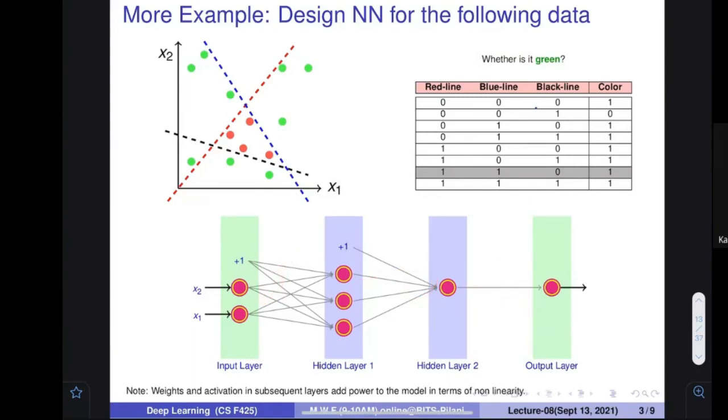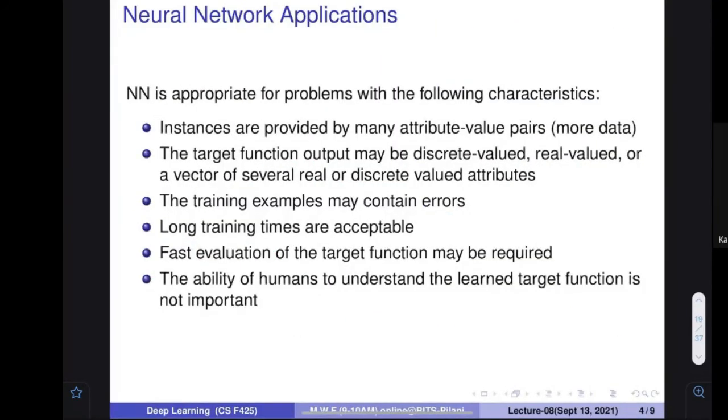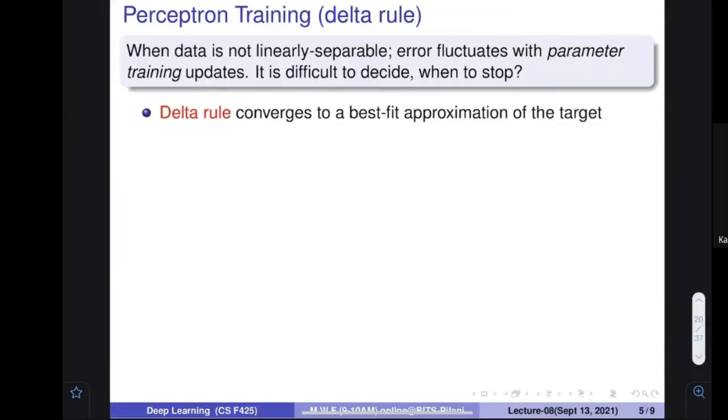But if I don't give you this particular logic and ask your system to come up with it, maybe you would not be able to describe it in the right way. Human description is sometimes needed, but it is very difficult to interpret what the parameters mean. So interpretation is very difficult when you get the parameters. If human understanding is not needed, then only you go for these kinds of things.